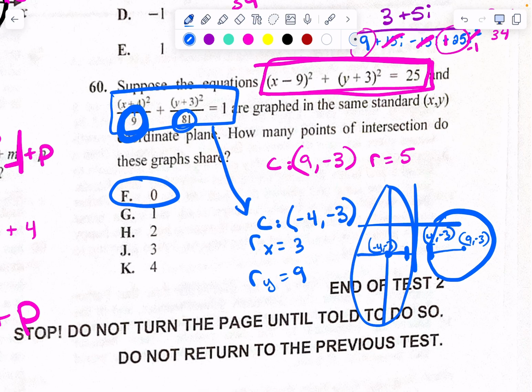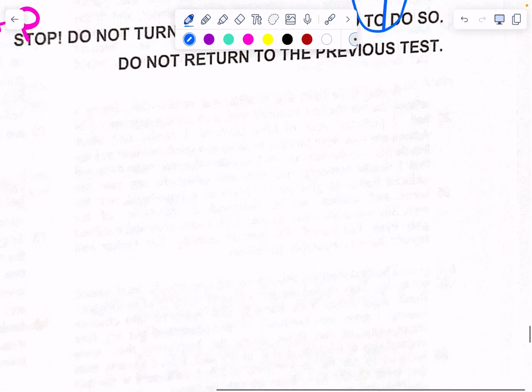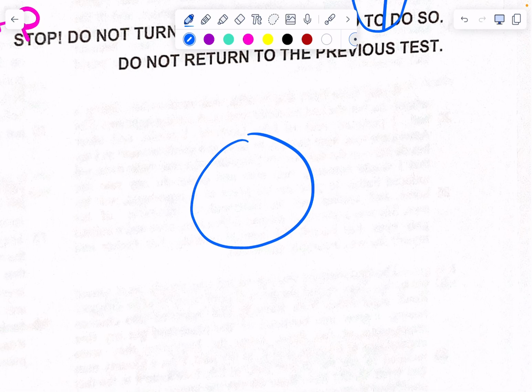I think I would have guessed. Now, about the answer choices, I can cross off a couple. Well, not necessarily. They shouldn't intersect at 3 places unless it's doing one of these.